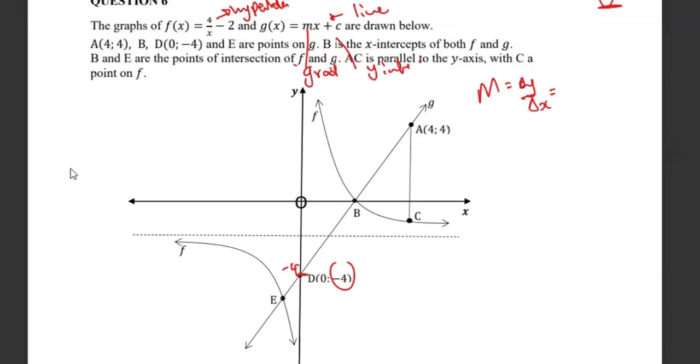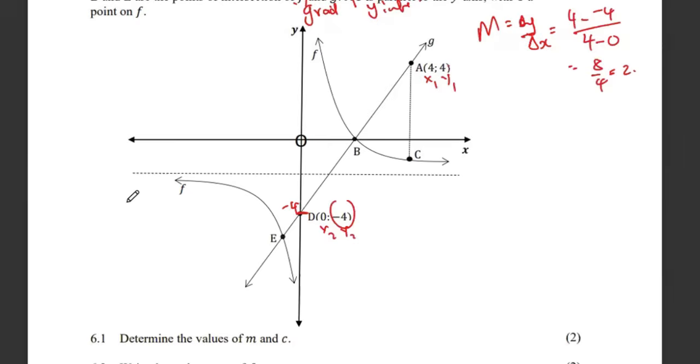If I call this (x1; y1) and this (x2; y2), it's going to be 4 minus -4 over 4 minus 0. So 8 over 4, which gives us 2. So m is going to be 2, and c is going to be -4.